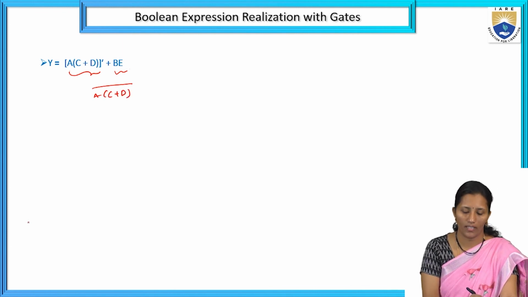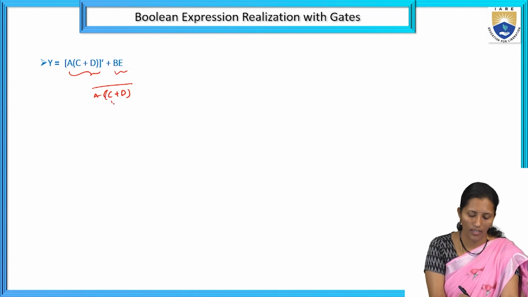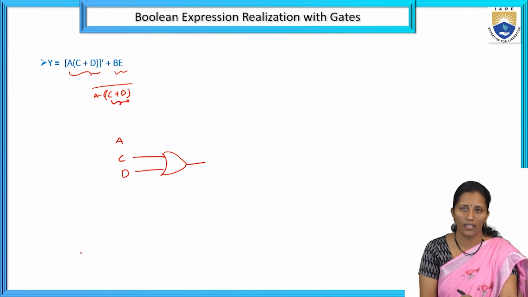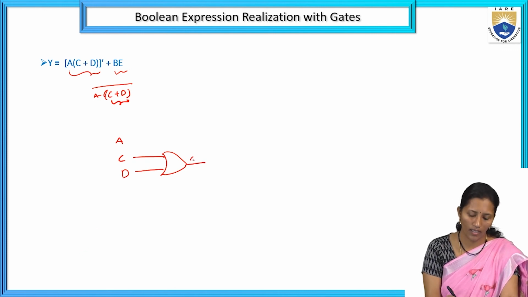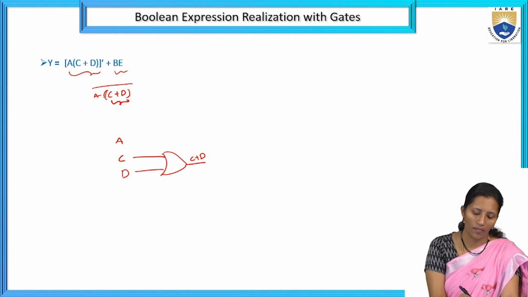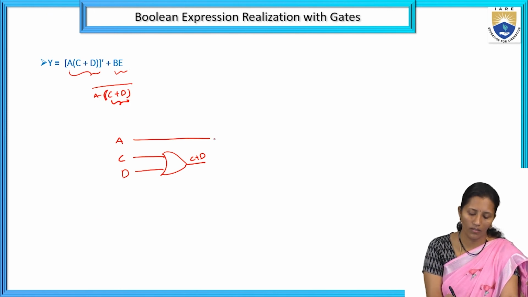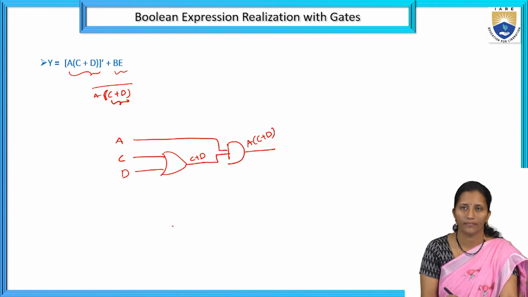Here we have C plus D, with inputs A, C, D. Plus means which gate do we have to take? OR gate. So we get C plus D. Then it is multiplied by A, so we give that to the AND gate. So it is A into C plus D.